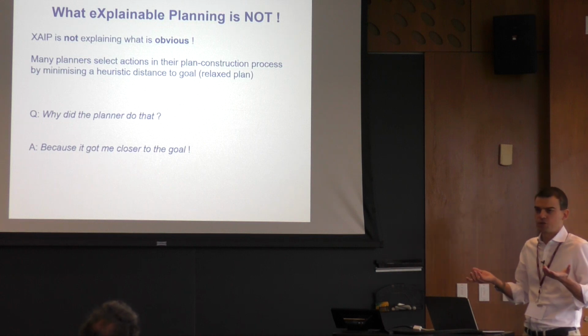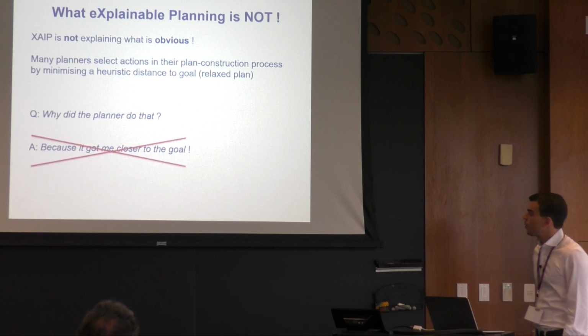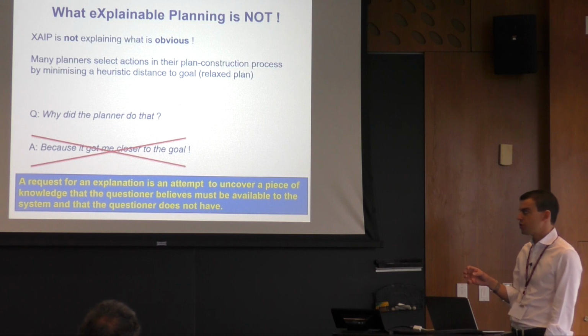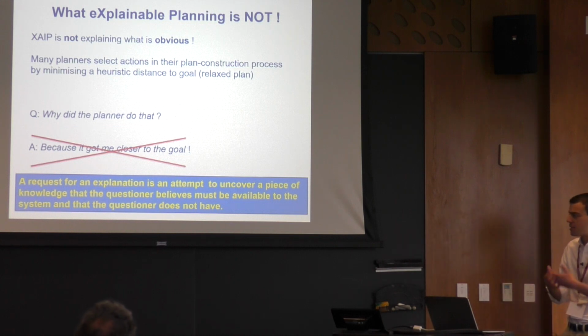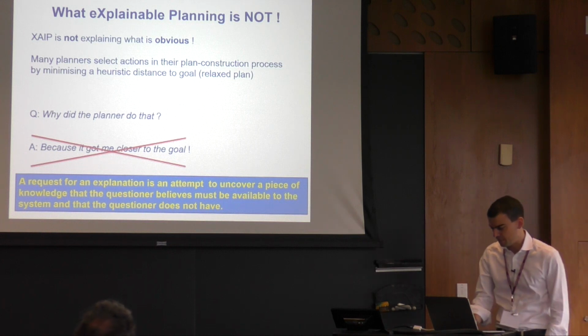This is not an explanation. This is something obvious. Rather, a request for an explanation is an attempt to uncover a piece of knowledge that the questioner believes must be available. So I would like to know this, but it's not available. So it's not obvious to explain things in planning.